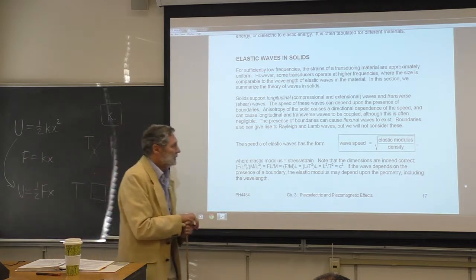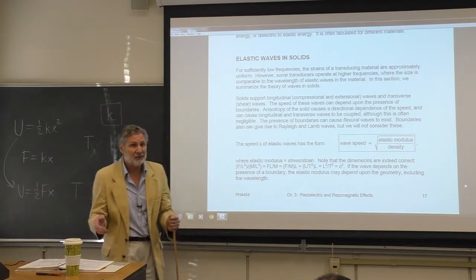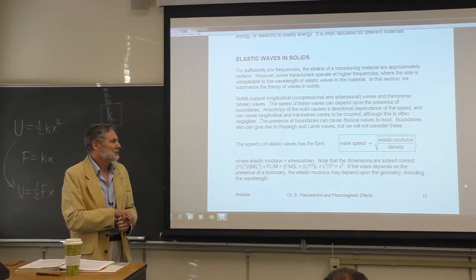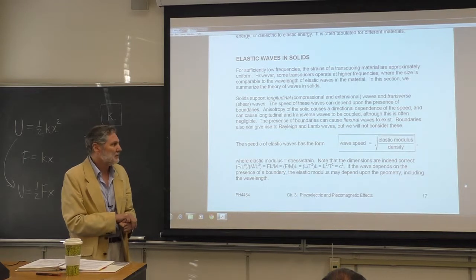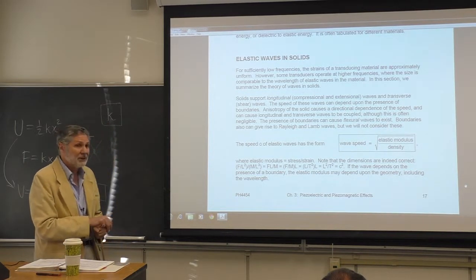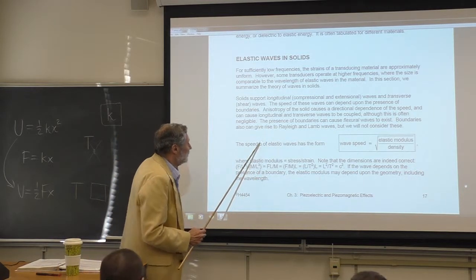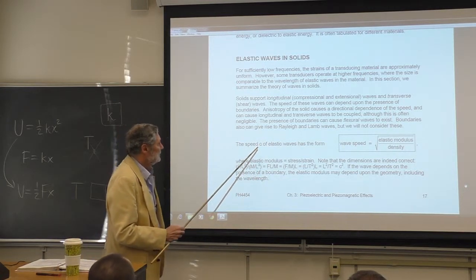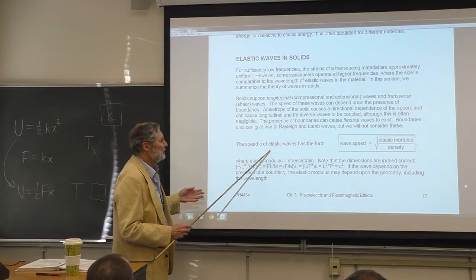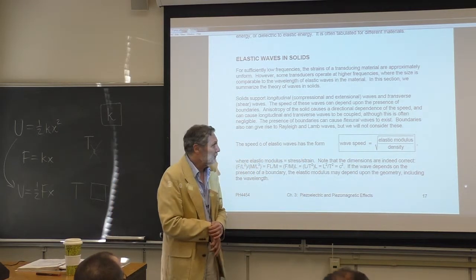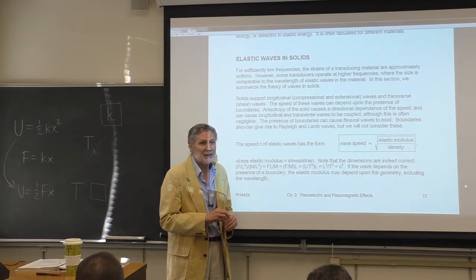But you can have systems even without boundaries, like ocean waves, where, well, I guess there are boundaries there. But you can have systems that are fundamentally dispersive without boundaries. But boundaries can cause dispersion. Regardless of that, the general form of the speed of an elastic wave is the square root of the appropriate elastic modulus divided by the density.